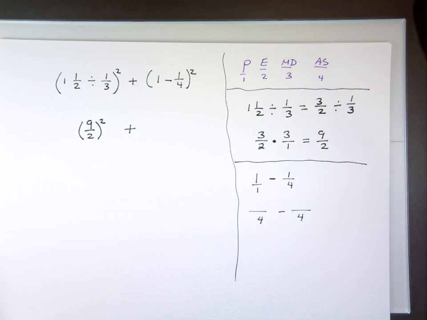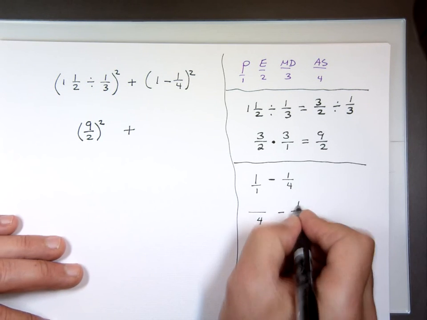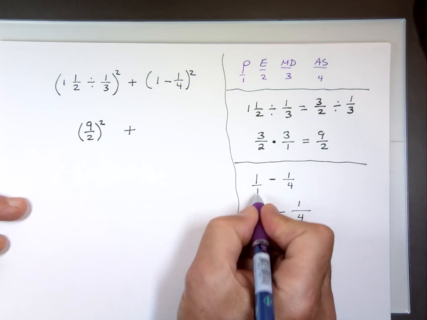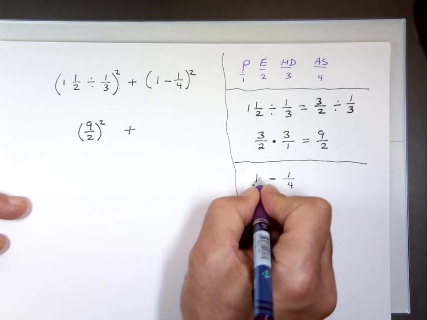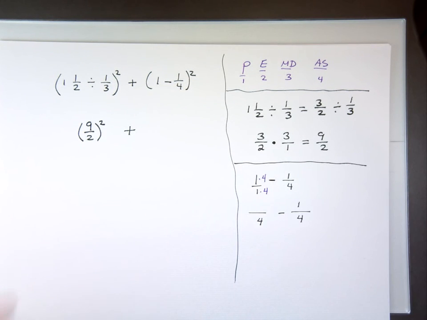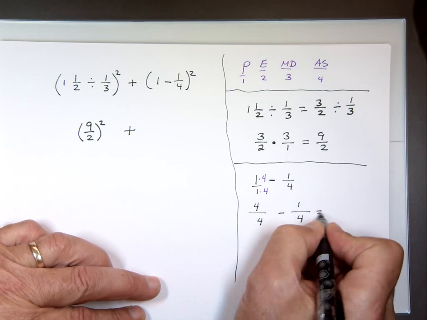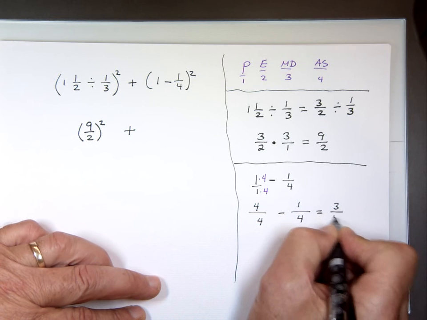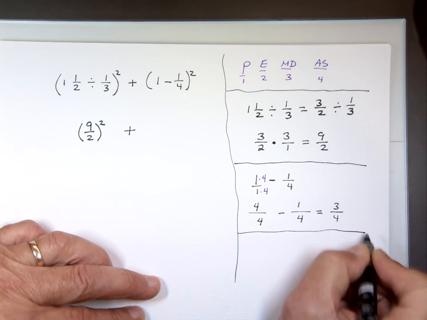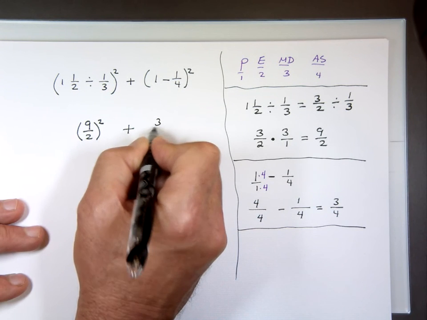I don't have to change the second one, but the first one I will have to multiply it by 4 to make it over 4. That'll be 4/4 minus 1/4, which is what? 3/4. So this one is 3/4 squared.